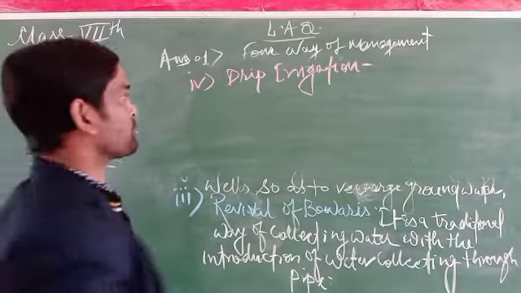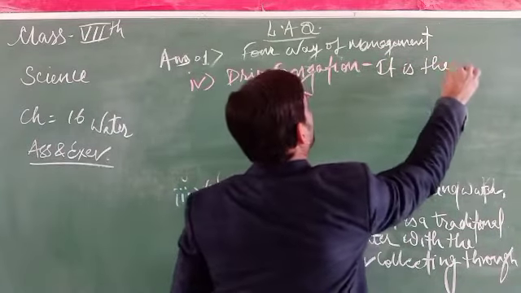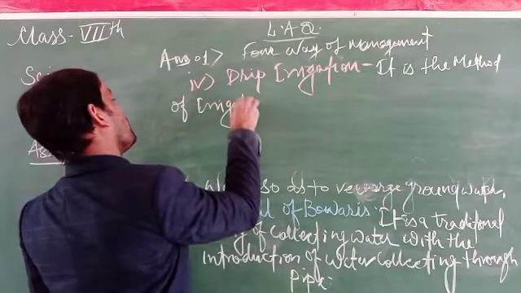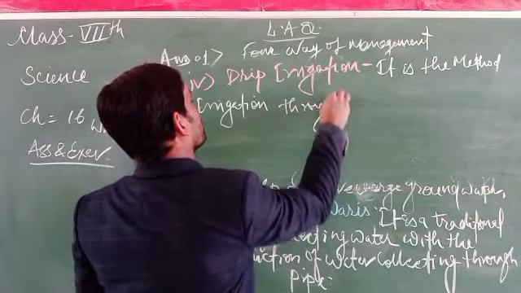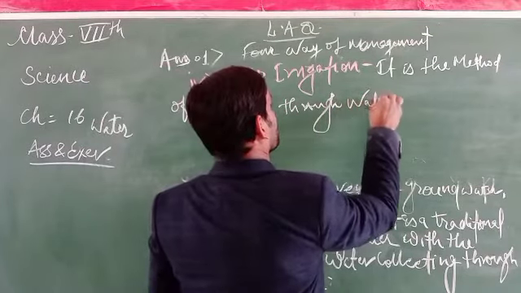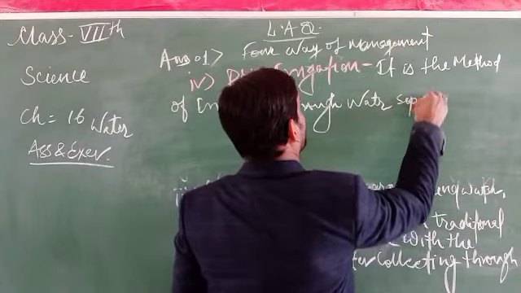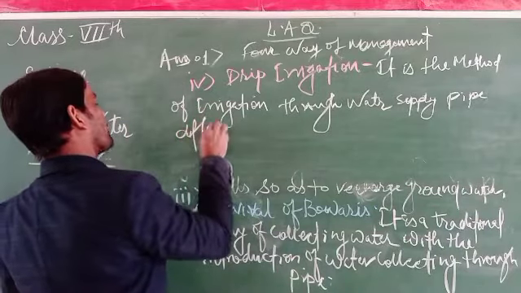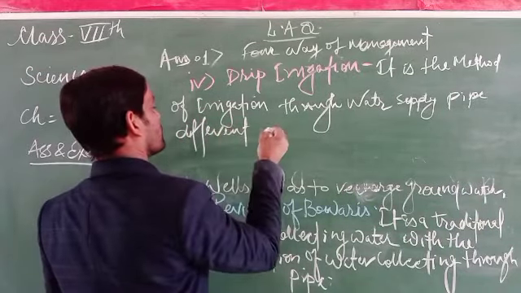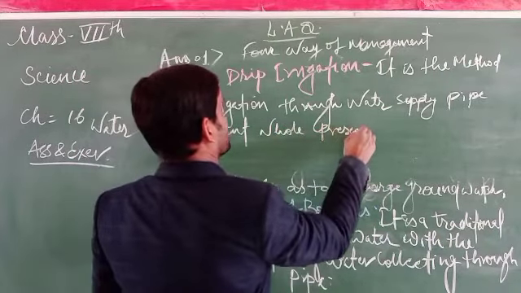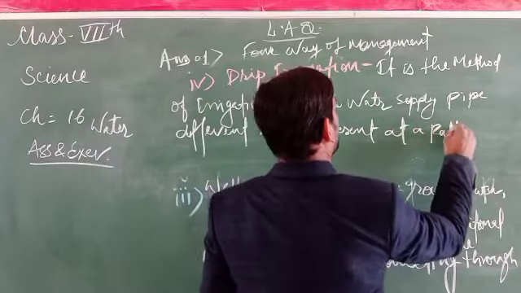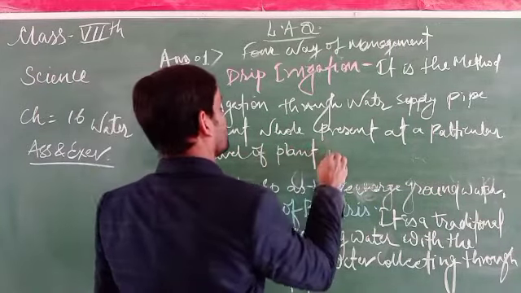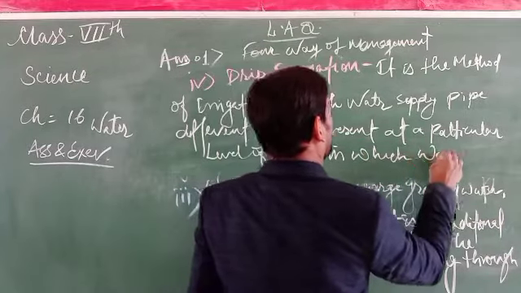It is a method of irrigation through a water supply by different holes present at a particular level of a plant, in which water gets supplied.